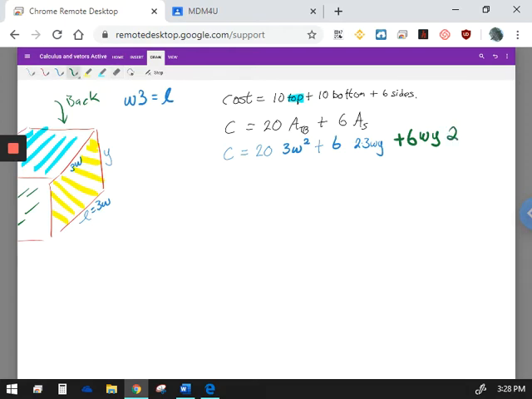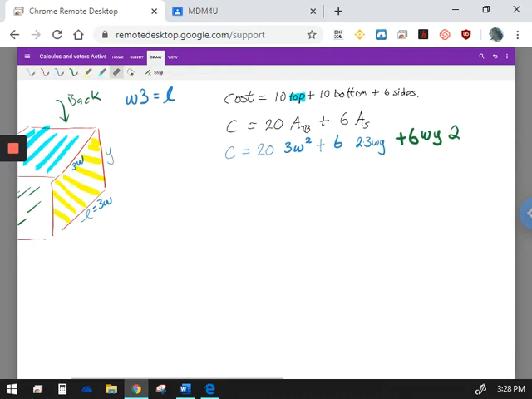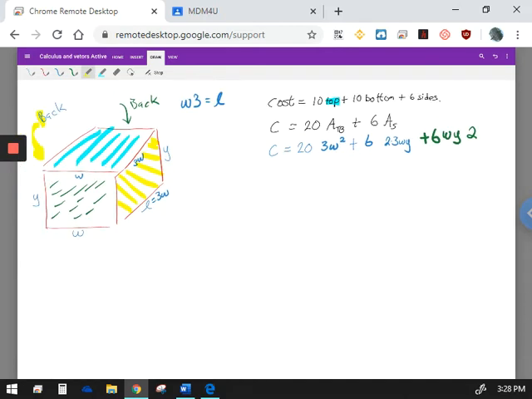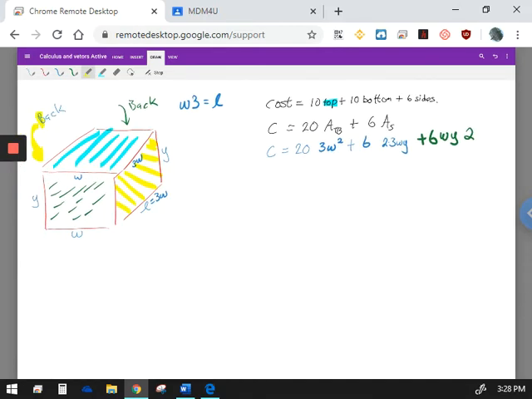All right. So let me go through this formula again really quickly. I did a bunch of different things here. Here's the top and the bottom. Okay. Here's the yellow side. Here's the green side. The yellow side costs $6.